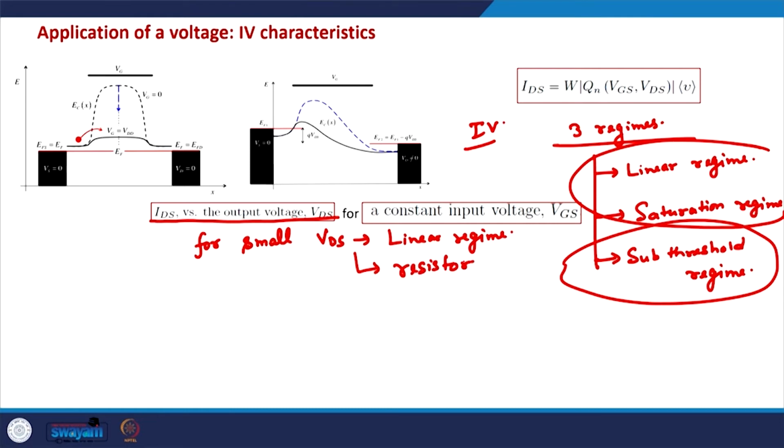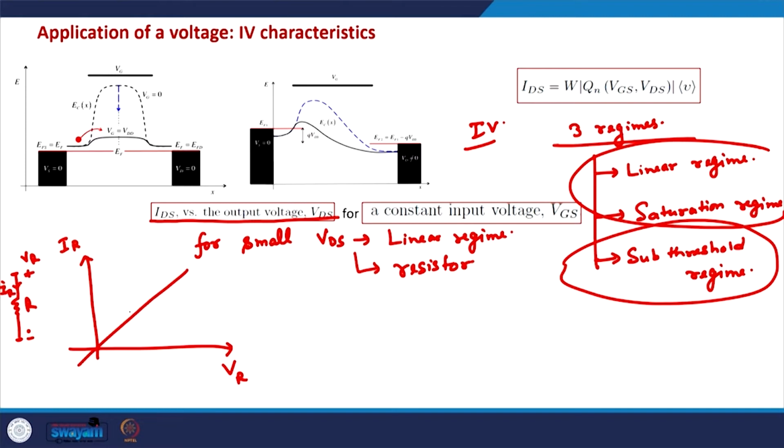Okay. And how does the IV characteristics of a resistor look like? If this is the current through the resistor, this is the voltage applied across the resistor. This is a typical resistor R. If we are applying a voltage VR across this and the current that is flowing is IR, then this will be a linear relationship, and the slope is given by the resistance of the device.